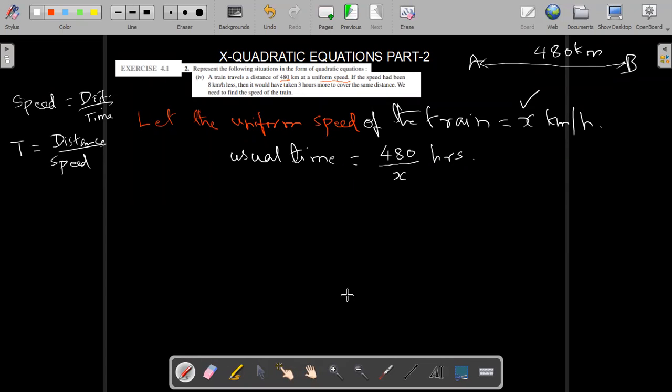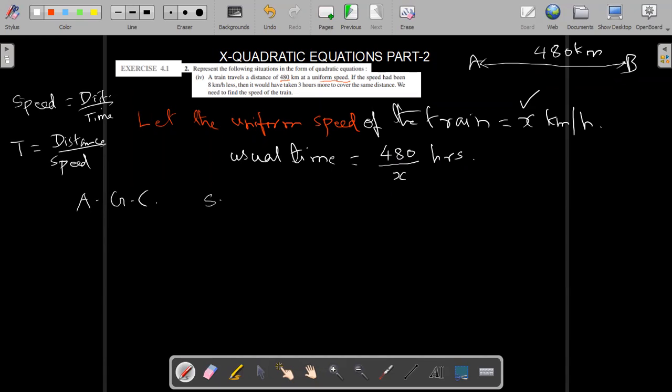But according to the given condition, the speed has been reduced by 8 kilometers per hour.